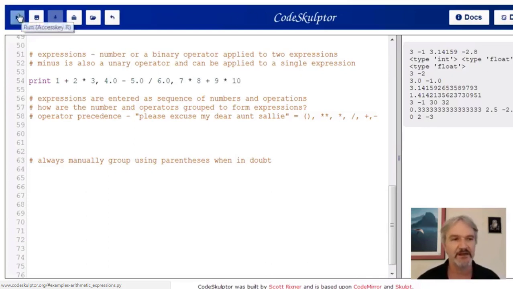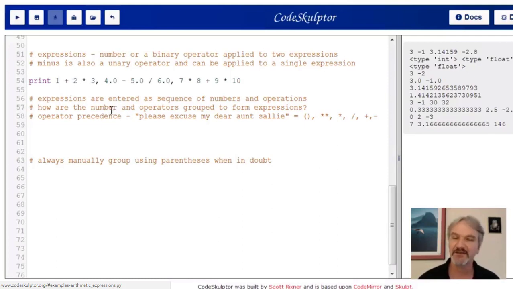And if I hit run, what comes out is exactly what I'd expect. Now, you might ask, how did I go from this definition, where an arithmetic expression is an arithmetic expression combined with operators, to this flat expression I just typed in? I typed in 1 plus 2 times 3, so somehow Python knew that this was really 1 plus the result of 2 times 3.